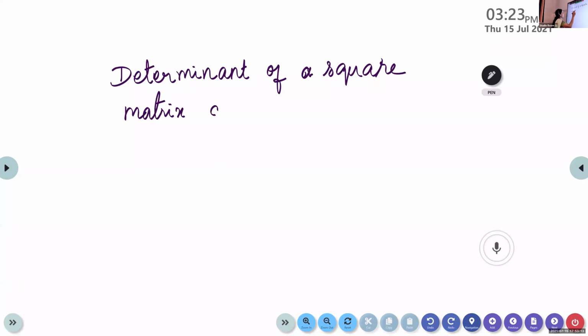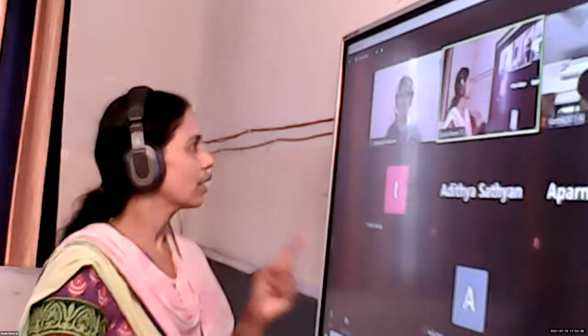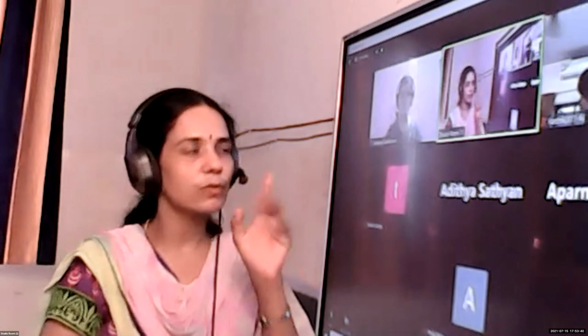What is meant by a square matrix of order 1? Order 1 means how many rows are there and how many columns are there? 1 row and 1 column, which means the number of elements will be 1.